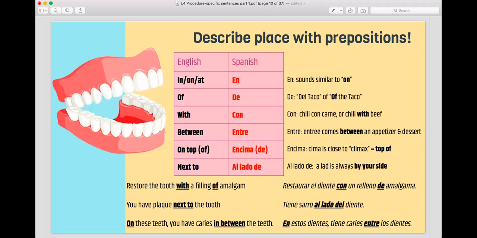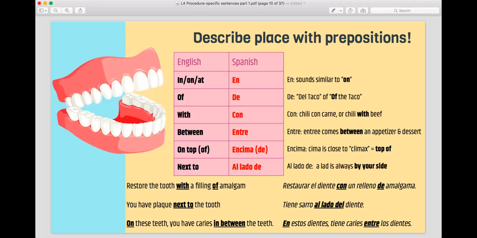Del Taco can remind you of de. Chili con carne, that one's good. Chili with beef, so that's with means con. Entre is the reminder that the entrée comes between an appetizer and dessert. So that's how you can remember between is entre.